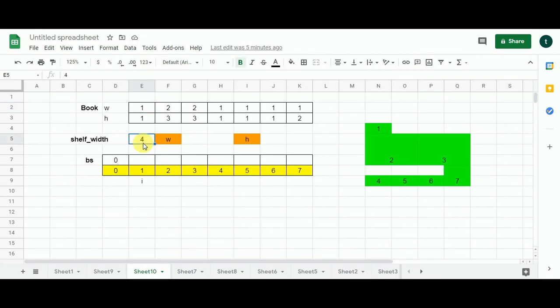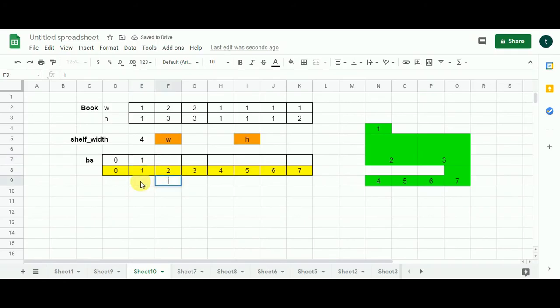So we can place book number 1 in a rack, and the height of the rack will be the height of book number 1. The algorithm is going to add this 1 to this 0, because it has to consider the previous state, which you are going to learn in a moment. It is going to get 1 and assign 1 to this cell. So consider this first cell also as one of the base cases. Now I moves one cell to the right.